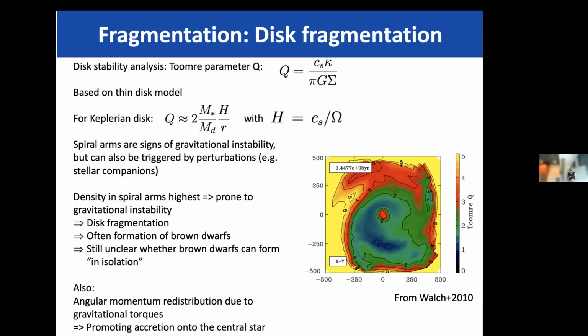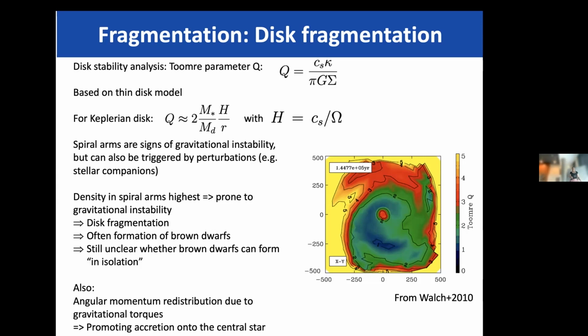It's not so simple, because it's not like when you see spiral arms in an observation or in a simulation that you can say, I see spiral arms, so it's gravitationally unstable. That's not really true, because you could also get spiral arms by perturbing the disk from the outside. So if you have a third companion, for example, flying through, then it can excite spiral arms in the disk because of torques.